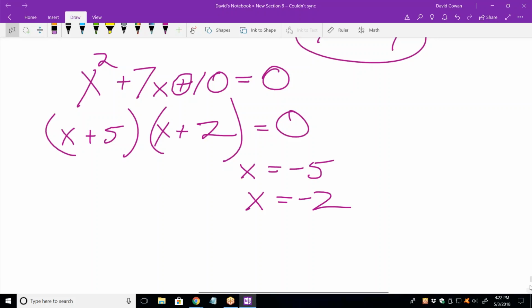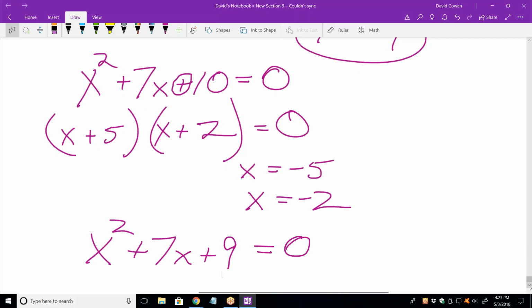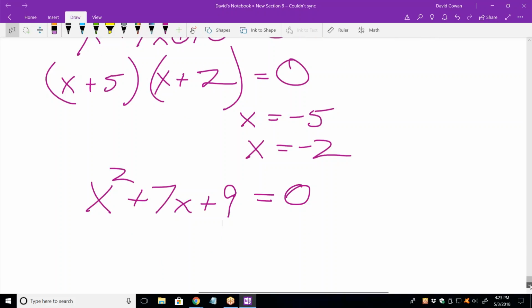Okay? What if I give you this problem? Almost exactly the same. Now, you'll notice that if you go to factor it, you're not going to be able to.